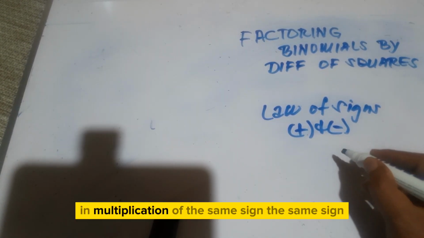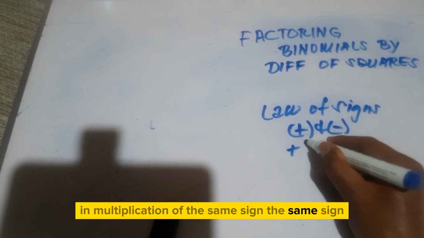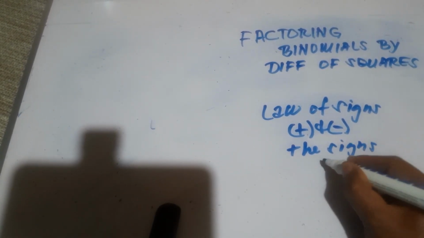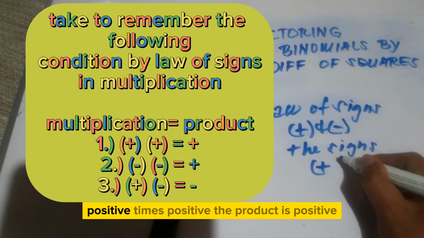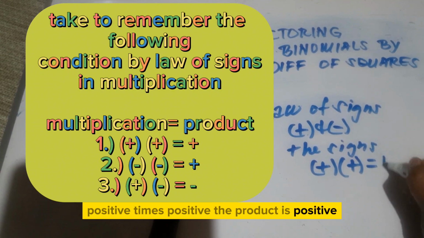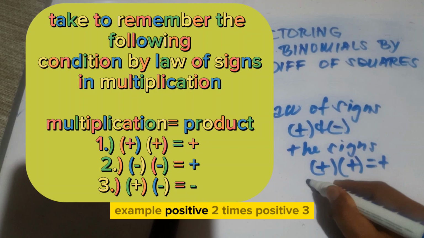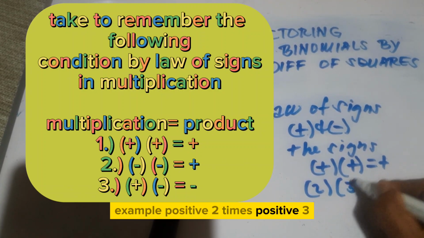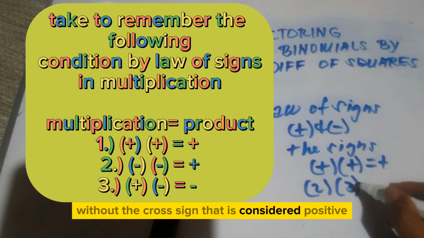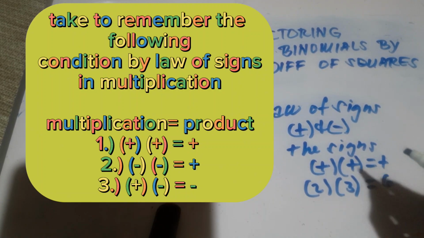In multiplication of the same signs, positive times positive, the product is positive. Example, positive 2 times positive 3. Without the sign of cross, that is considered positive. So the product is positive 6.